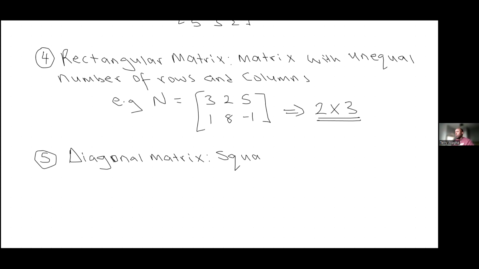So a square matrix with non-diagonal elements equal to 0.